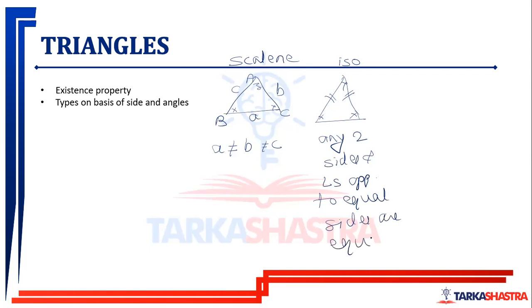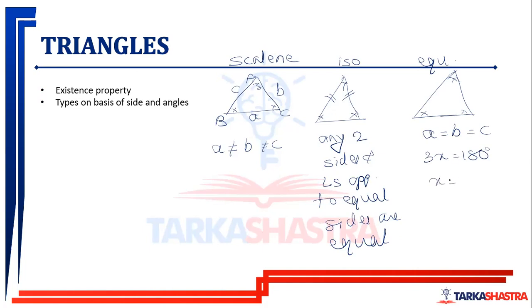Correct? And similarly, इसी का थोड़ा upgraded version है equilateral triangle, where all the three sides and all the three angles of a triangle are equal. तो जैसे ही मैंने बोला all the three angles of a triangle are equal, so if I assume this is angle measure x, angle measure x, angle measure x, I will get 3x equals to 180 degrees because measurement of all the three angles of a triangle is 180 degrees.